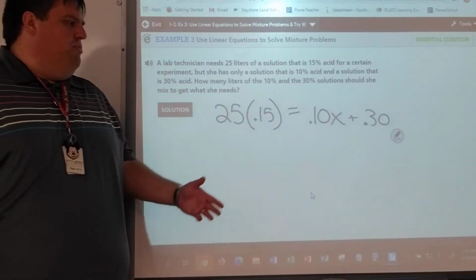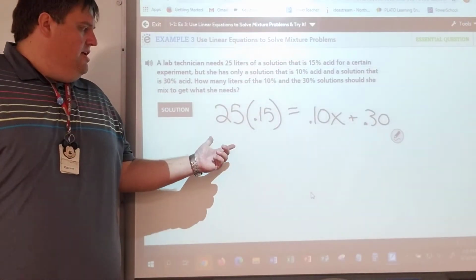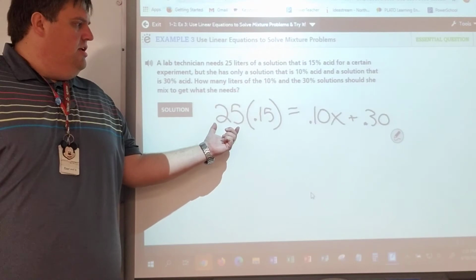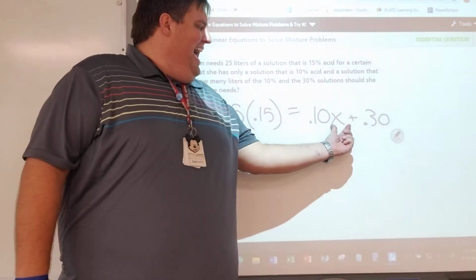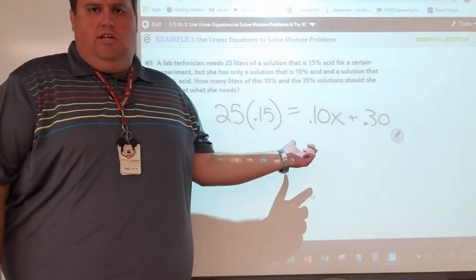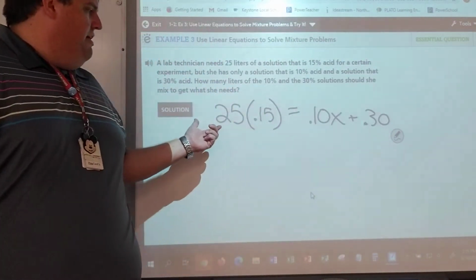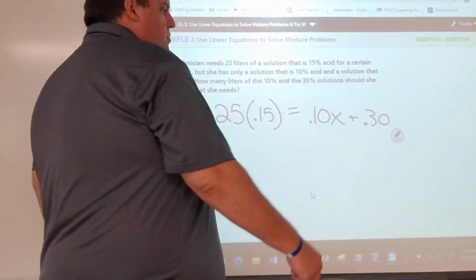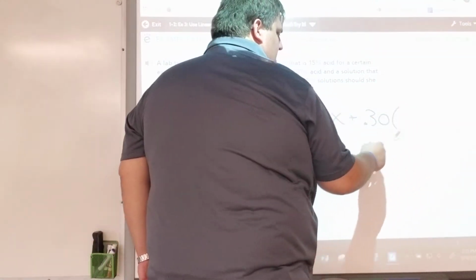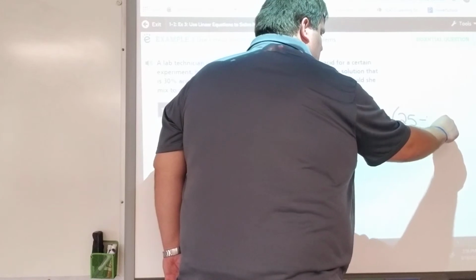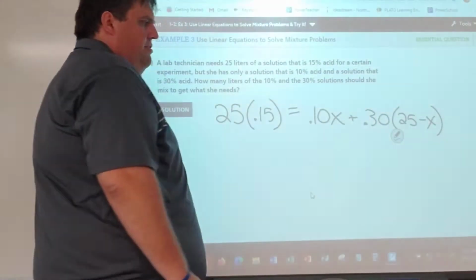We don't know how much we want either, but we know that we want a total of 25 liters. So if we want x of the 10% solution, how do I make this variable so that I know that they add up to 25? What we're going to do is say that I want 25 minus x of the 30% solution.